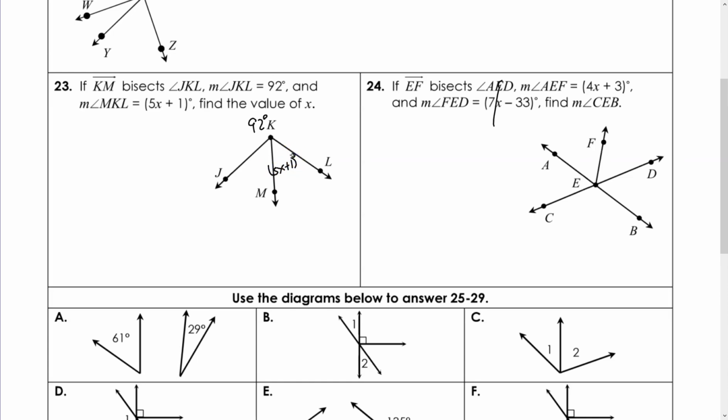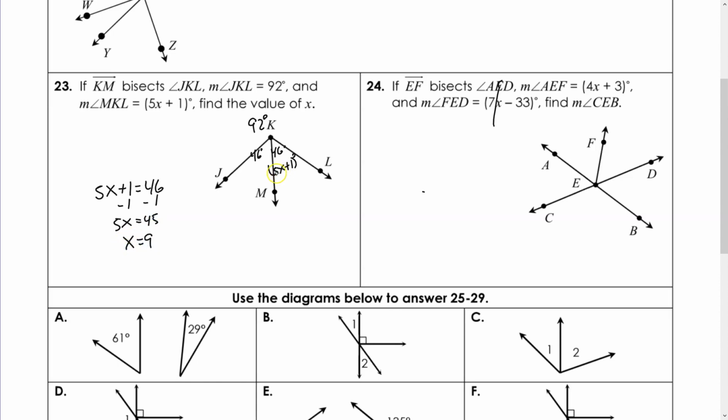Well, if KM bisects JKL, that means it cuts it in half. So each part would be 46 degrees, because that's half of 92. So 5x plus 1 equals 46. We subtract 1, 5x equals 45, making x equal to 9.